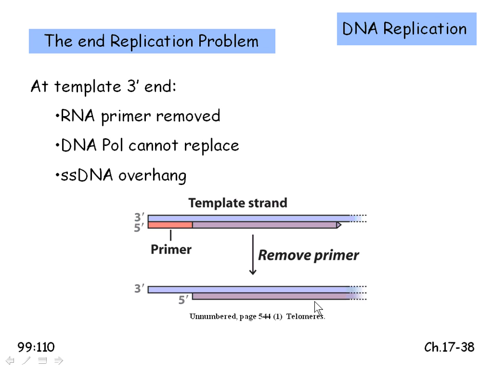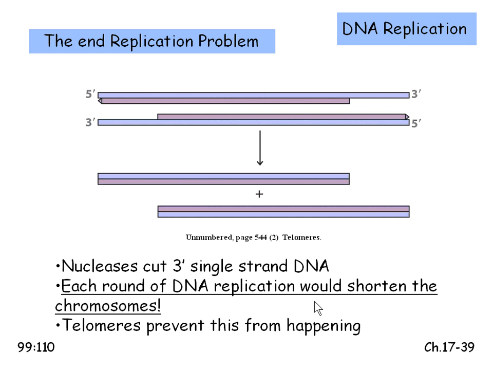You might imagine that if you're looking at a replication fork, the 3' ends of both of those strands of DNA are going to be left with gaps on them. It turns out that there are nucleases present in the cell that like to cut up DNA, and they specifically can cut up single-stranded DNA.